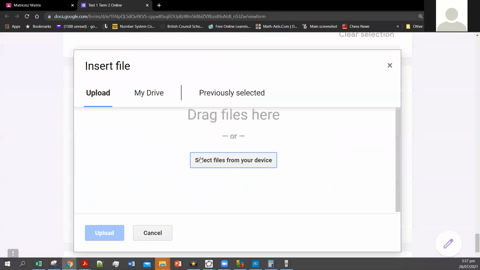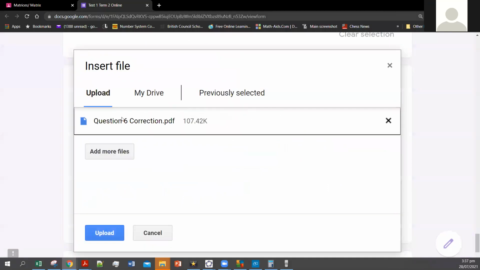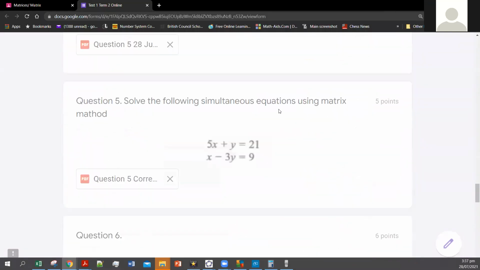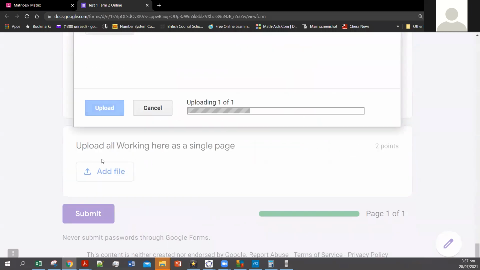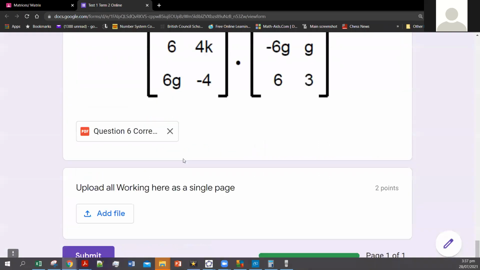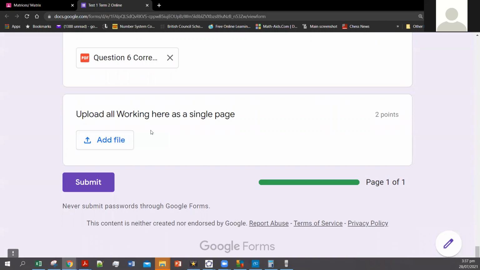And add the file, same process as we have done before. It's question 6. That is what we will add. And then we are done. And for the upload, all your work here is just as one single page. We basically take a scan.